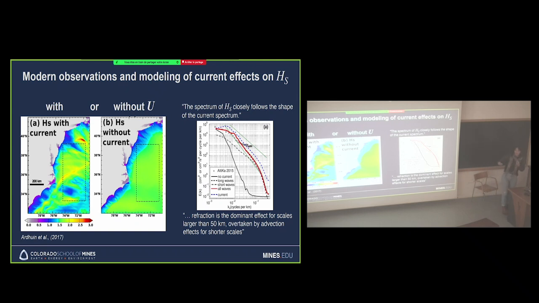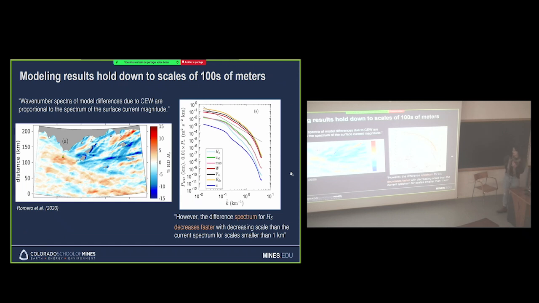And then Lionel went ahead and pushed this limit to much higher resolutions. So here we're looking at a figure that is also WaveWatch forced with ROMS, in the Santa Barbara channel. But now we're looking at currents that have resolution all the way down to hundreds of meters, not kilometers.